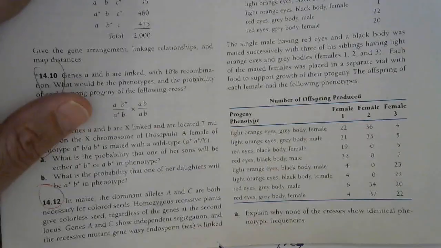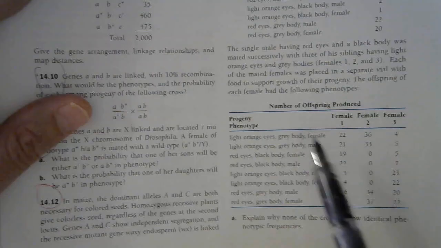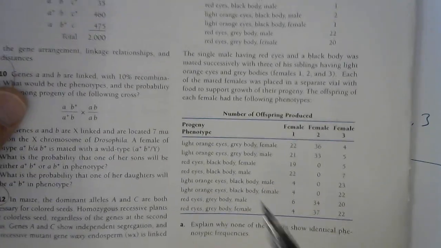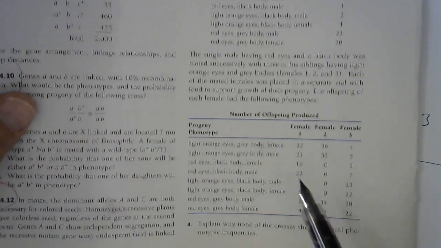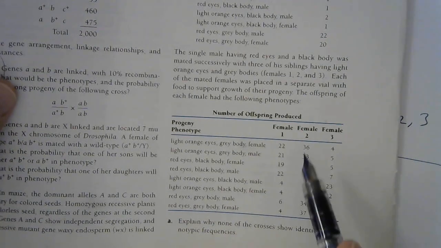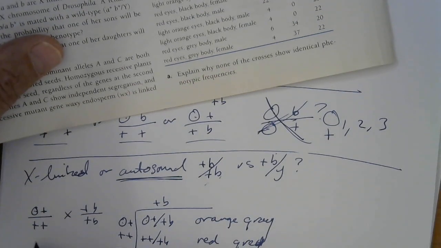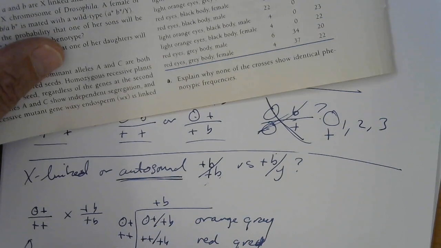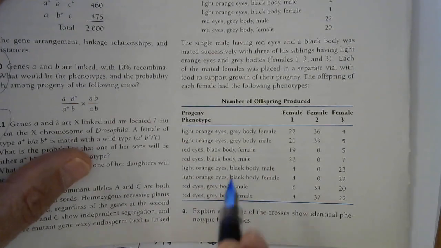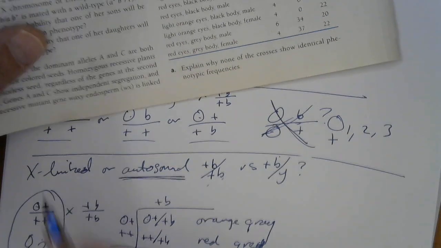And if we look at this one, we see, okay, that would be orange gray and red gray, 50-50, and nothing in between. None of the recombinants, so only the parental. So this must be female 1. No, sorry, that's female 2. So this follows the pattern of female 2 here.